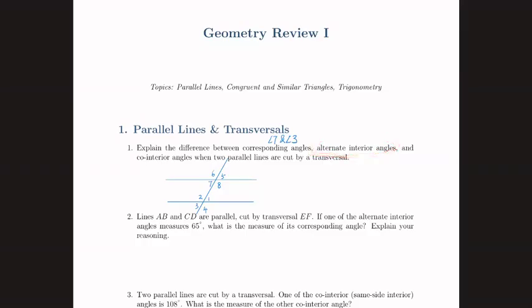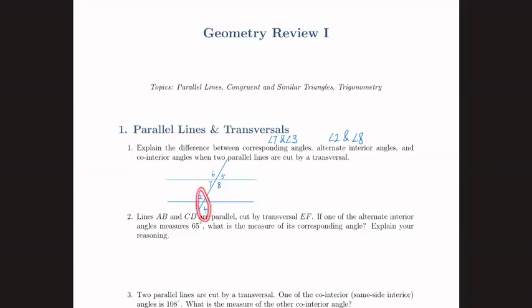Eric, give me an example of alternate interior angles. 2 and 4. Wait, 2 and 8. Okay. So angle 2 and angle 8. You mentioned the 2 and 4. What are they?